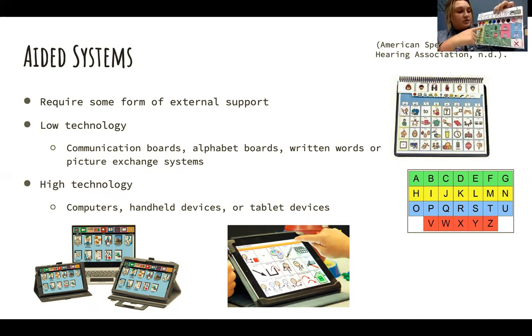And then the individual can just point to what they're saying or trying to say. And there's different topics that they can choose through too. High-tech tools are things such as computers, handheld devices, or tablet devices with apps that have symbols that produce and generate actual speech output. So like an iPad.